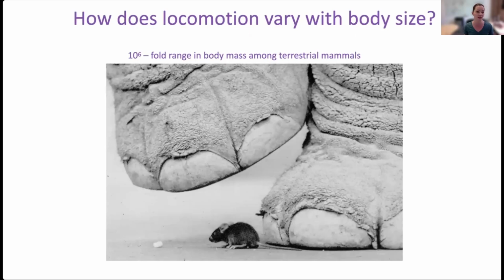And so scaling has been used to try to understand how the mechanical demands of movement and function in terms of gait change with body size. But I'm not going to be able to address all of the scaling issues today. I'll try to give an overview of the general principles.